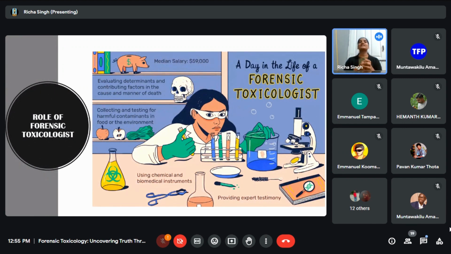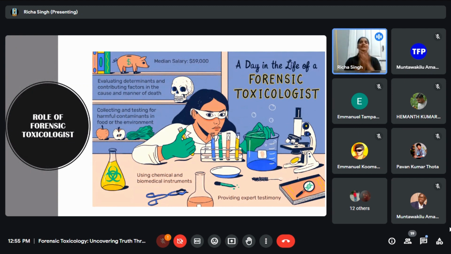Next, collecting and testing for harmful contaminants in food or the environment. Sometimes you also get samples, let's say you have seized, or there was this truck which was carrying illegal substances, so you also get those cases. It's not always just related to the dead body. Sometimes it's about some drug or something which has been confiscated from some rave party or some truck which is carrying illegal substances.